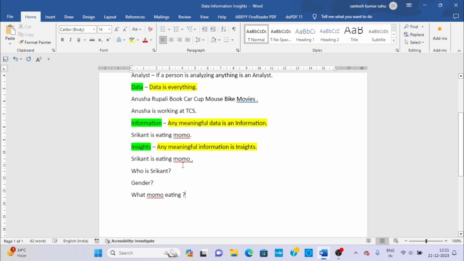If we go in depth into that information, then from that in-depth information we get insight. As you can see, Srikant is eating momo. It is information, but when we go in depth, it means: who is Srikant? Is he male or female? What type of momo is he eating, veg or non-veg? What's the price of the momo?